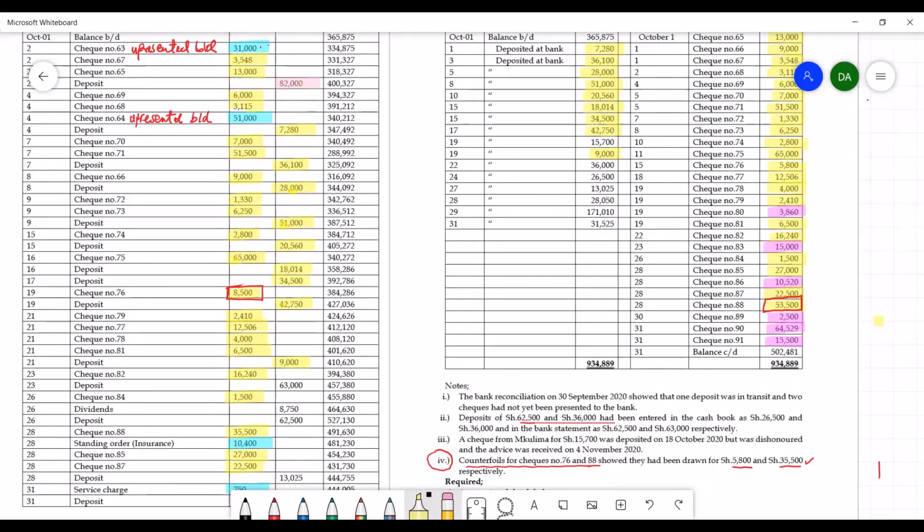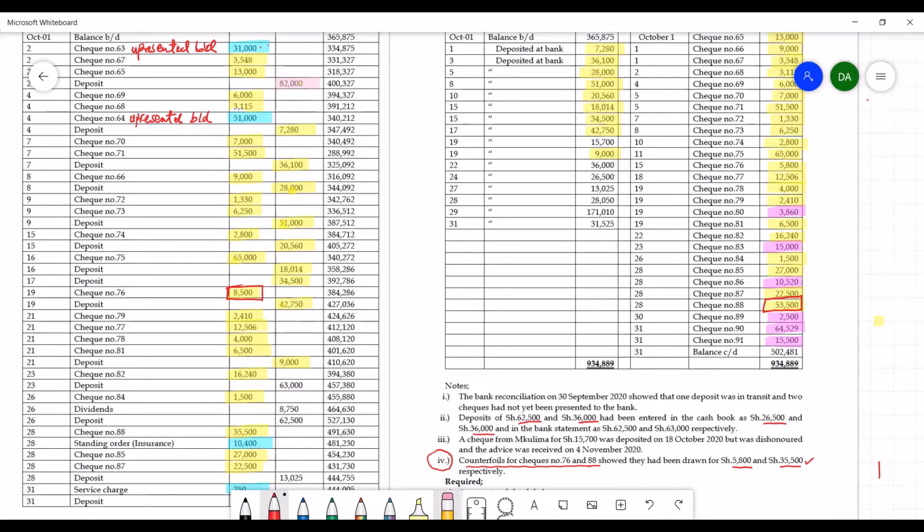So that deposit seems not to match, but we're told about it. In additional information number 2, we're told that deposits of 62,500 and 36,000 had been entered in the cash book as these, respectively.